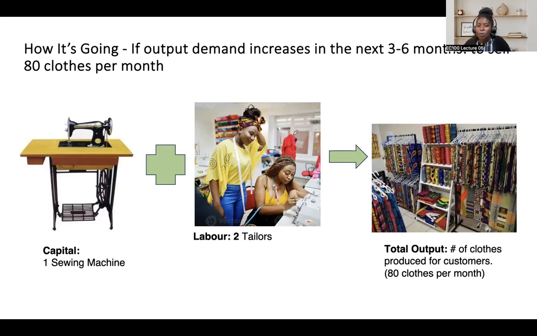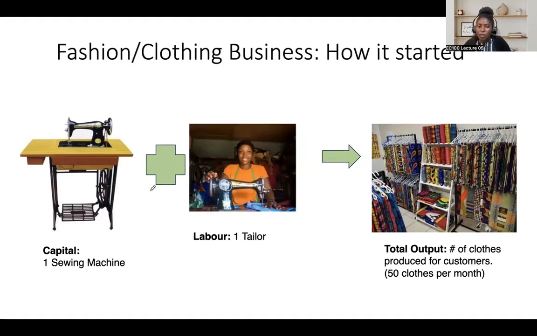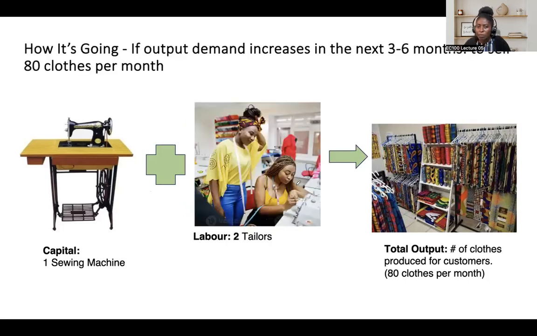But how about her adding another person? Because in the beginning, she would do everything. She would cut, she would design, and then she would have to sew. But now she can say, so that I can save time, so that I can meet this 80 clothes demand, let me get an assistant, okay?